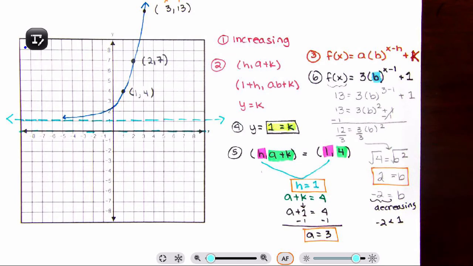Step number 4 is identify your asymptote, and that's always going to be y equals your k value. Step 5, you're going to use the first reference point to find what your h comma a plus k is and find what your a is.